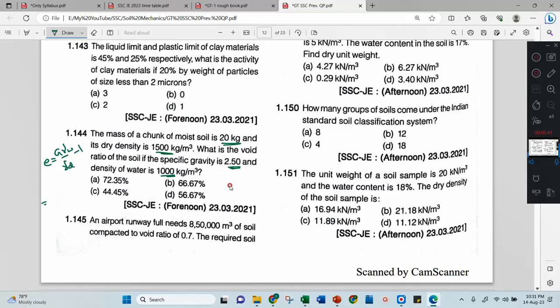That is 2.5 into 1000 divided by 1500 minus 1. 2.5 divided by 1.5 minus 1. 5 by 3 is 1.6, minus 1. Answer is B.